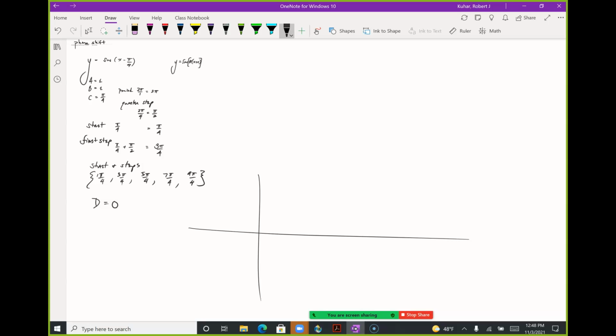I'm dealing with pi over 4s. So 1, 2, 3, 4, 5, 6, 7, 8, 9. I'm using the bigger dash marks as the ones I know I need. I've got pi over 4, 3 pi over 4, 5 pi over 4, 7 pi over 4, 9 pi over 4.